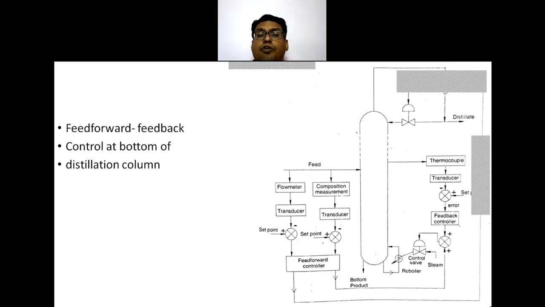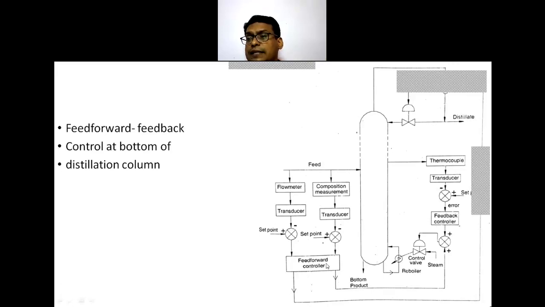Then there is a feed forward and feedback control at the bottom of a distillation column. So this is the bottom of a distillation column that is available. Here also the composition and the flow rate of the inlet feed are being used. The feed is measured for composition and flow rate, and they are taken to a feedback controller.